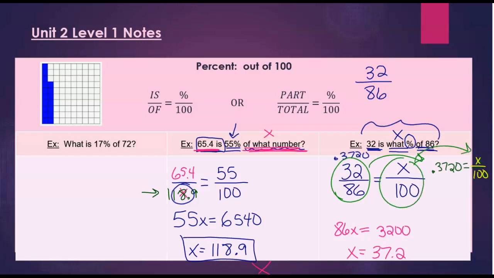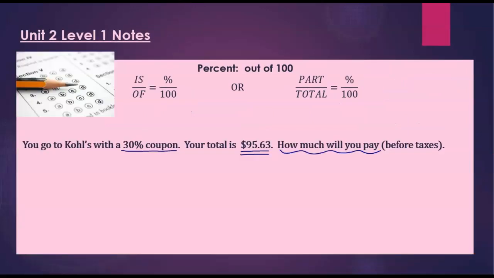Well, to undo that 100, instead of dividing by 100, I would multiply by 100 to cancel it. And whatever I do to one side, I do to the other. So really, that decimal, we can multiply it by 100 and get 37.2, just like here. So there are some shortcuts. I know it's a little confusing, but feel free to use them.